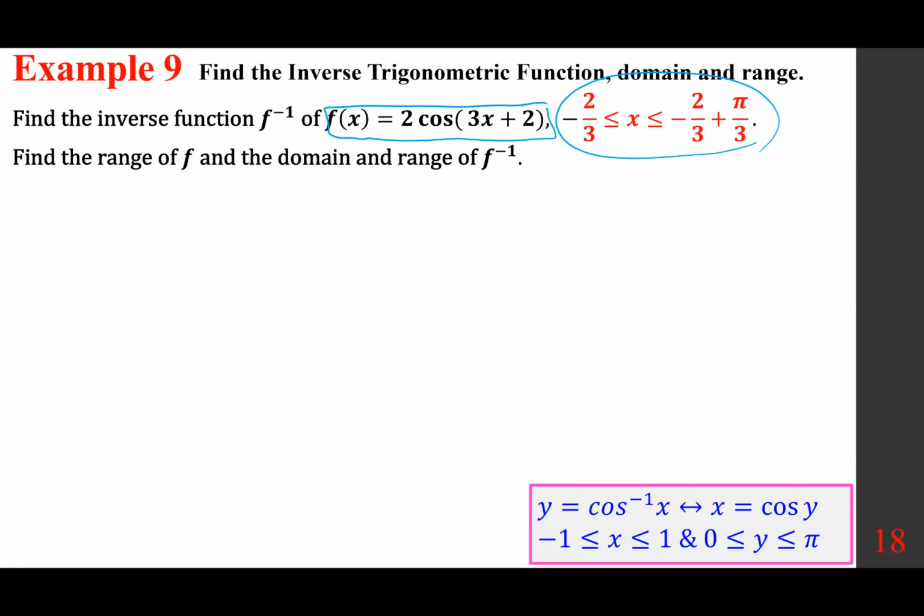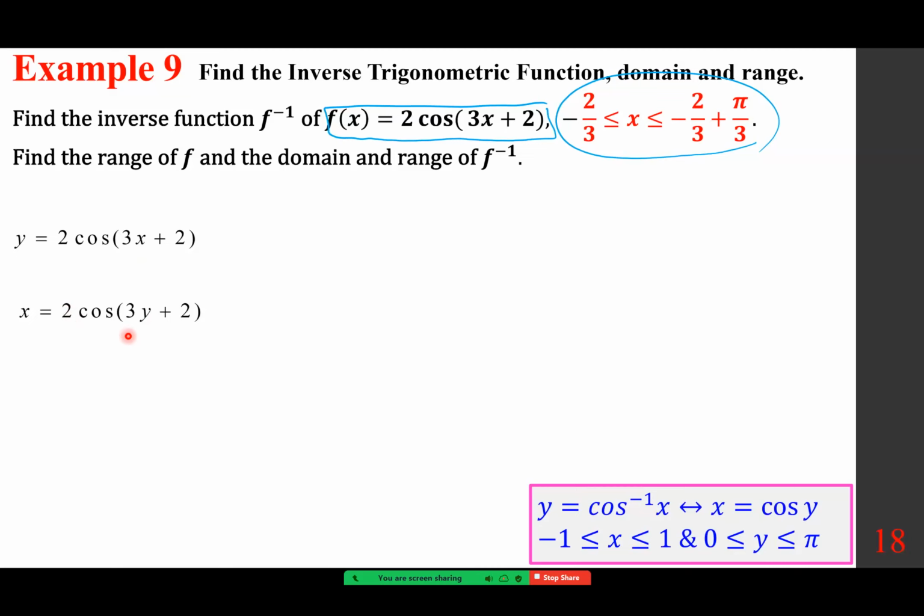Well, let's find the inverse. And to find the inverse, the very first step is to change f of x to y because it's easier to work with it. Interchange x and y. This becomes x, this becomes y. And right here we have the inverse. We want to solve for y, therefore, first we want to get rid of the 2.